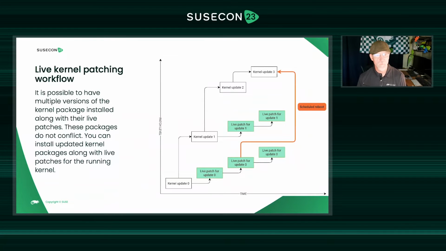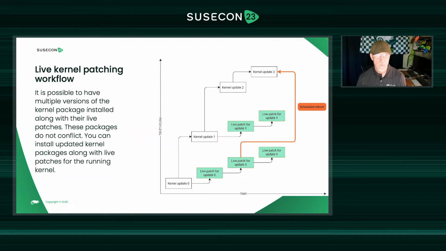So in a typical workflow of kernel live patching, we start off with kernel 0, a particular kernel. Each kernel that SUSE provides is good for 1 year from the date of release, and we'll look at some websites that will give us some data about that. We may have one or more live patches for that specific kernel in the year that kernel is supported.